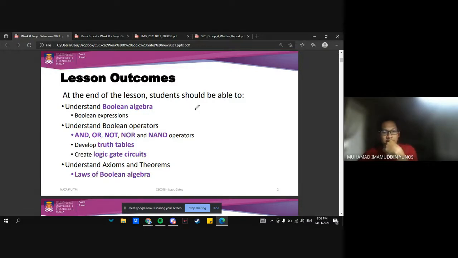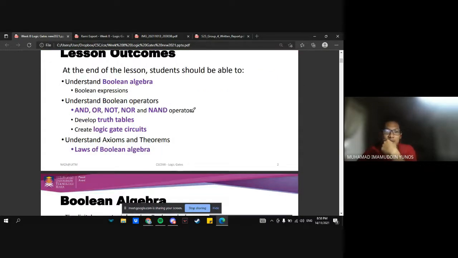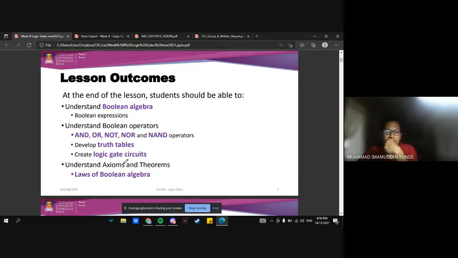For axioms and theorems, we need to memorize the theorems, the laws of Boolean algebra. So I will not really teach you the axioms and theorems. You need to understand them by yourself. But for Boolean algebra and Boolean operators, I will teach you in detail because it's the same as what we studied in SPM for physics.